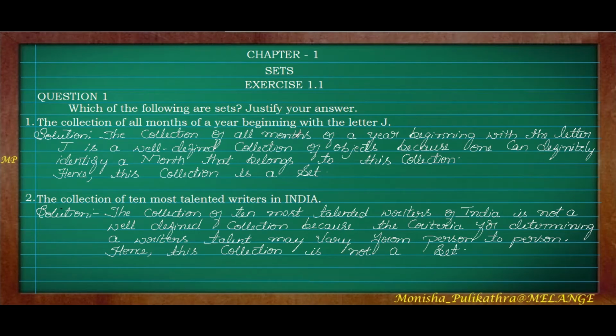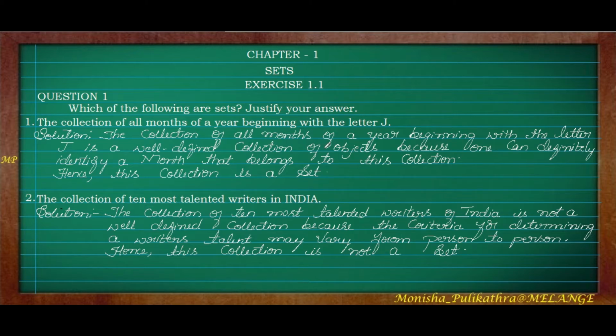The solution is as follows. The collection of all months of a year beginning with the letter J is a well-defined collection of objects. This type of question is a well-defined object because we know that January starts from letter J. Next, June and July start from letter J. It is countable and well-defined, so this type of question comes under set.